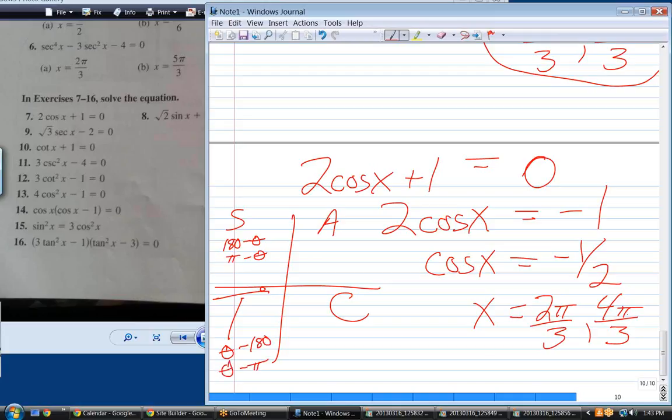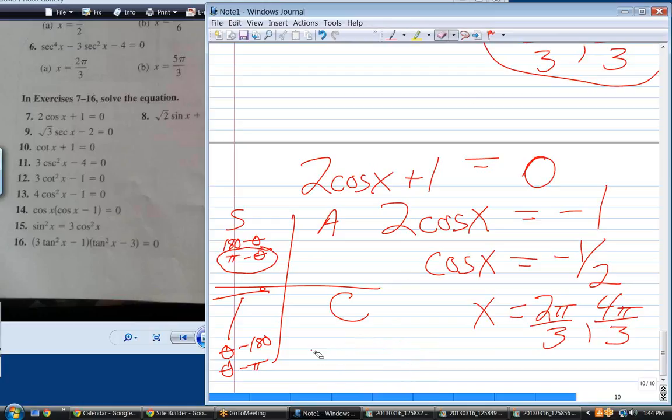Notice how once I knew that the first quadrant angle was pi over 3, pi minus 2 pi over 3 is equal to pi over 3. So I solved that equation: pi minus the angle I'm looking for is equal to that first quadrant angle, and theta becomes 2 pi over 3.